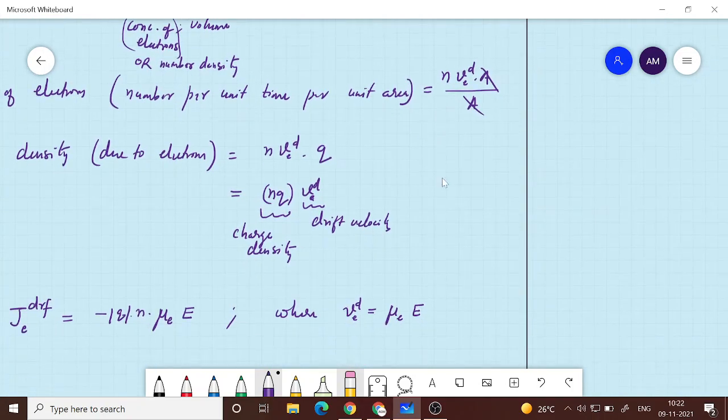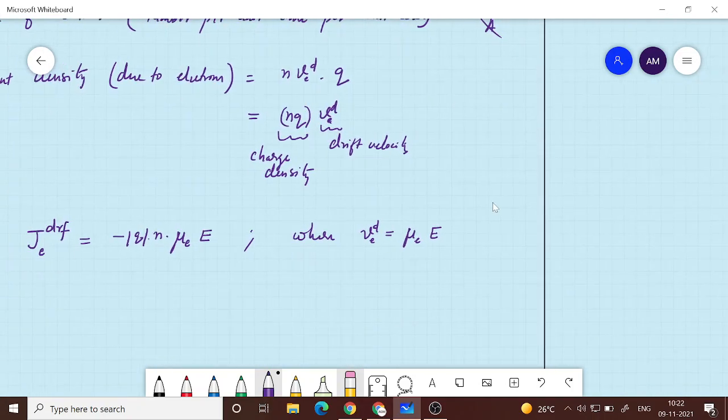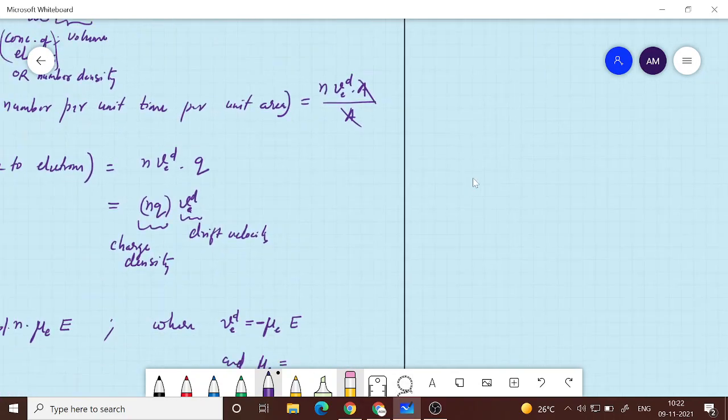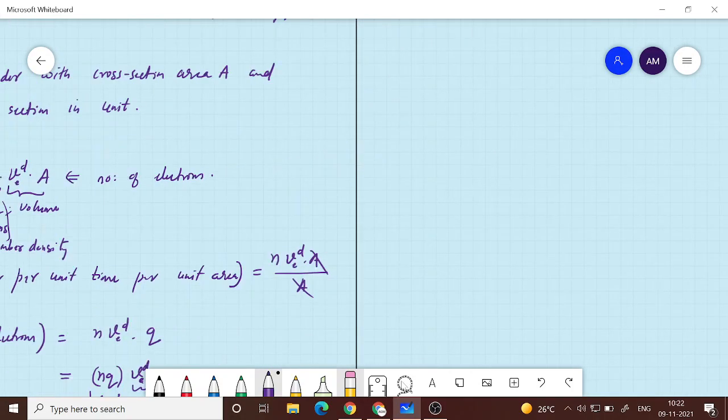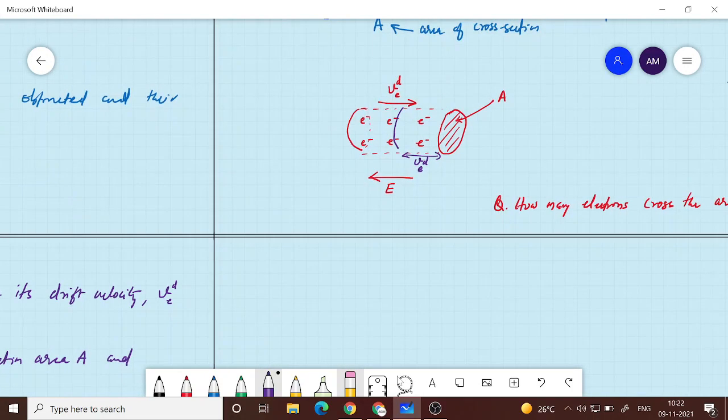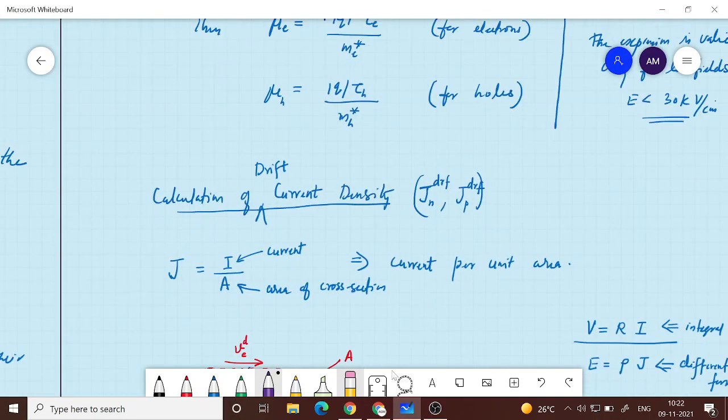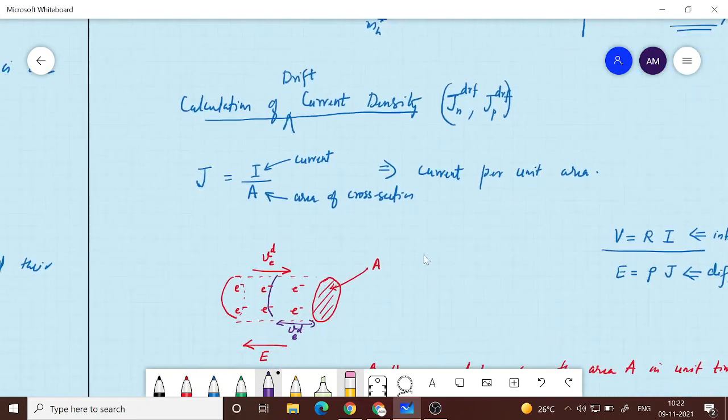So when we substitute for velocity, we will have to say it is minus mu e, and now mu e is what? We said it is q tau by m star.